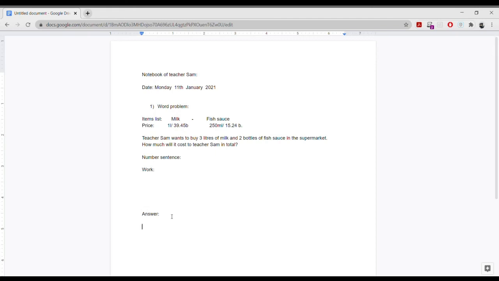And finally, I hope you understand. Teacher Sam wants to buy 3 liters of milk and 2 bottles. The bottles are 250 milliliters, 1 bottle.